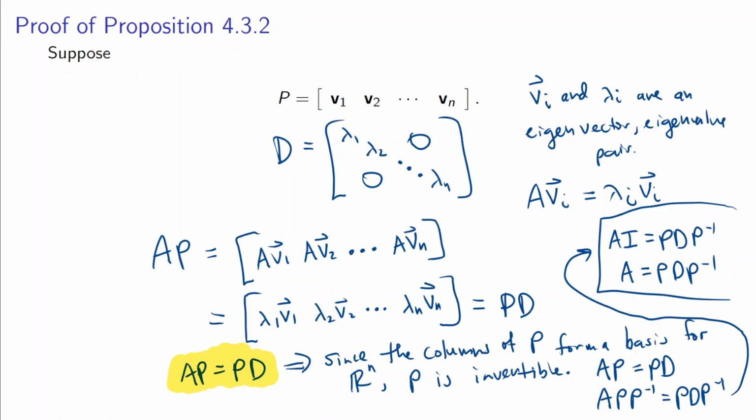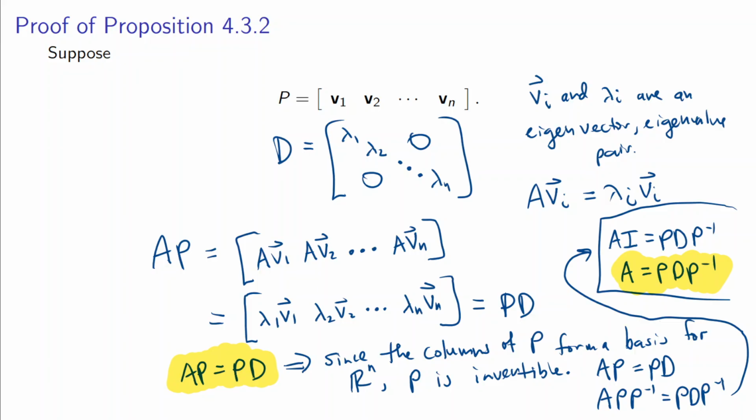We're not going to get into those here, but you may encounter them if you study more linear algebra, or go on to more advanced classes where you look at things like Jordan forms. But for our purposes, we're only going to worry about doing this when A is diagonalizable, and we can get to that final form, A equals PDP inverse. Again, we'll see why that is useful in a future video.